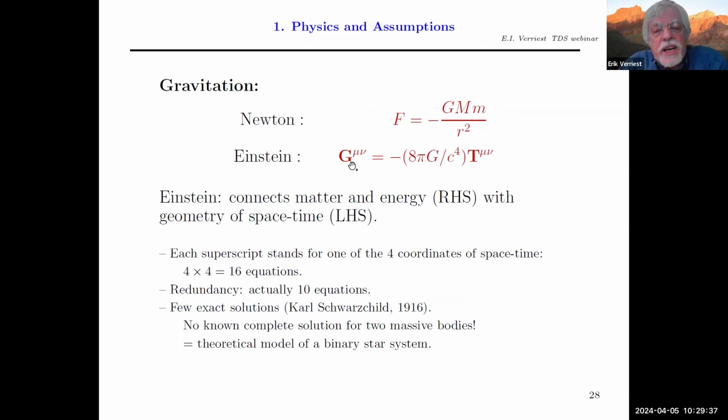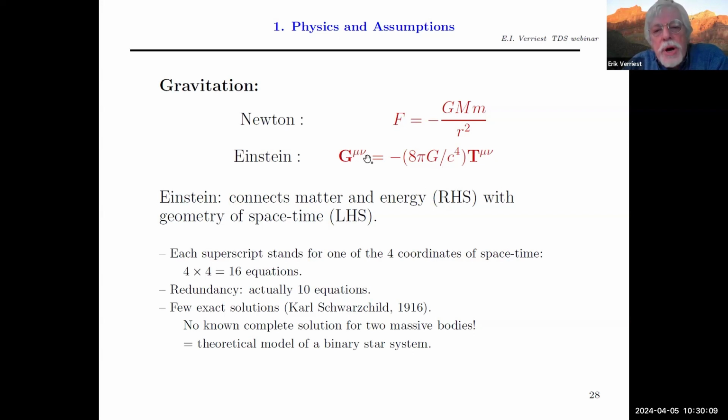G is the Einstein tensor. This basically models the curvature of space-time. It's the Ricci curvature and scalar curvature together in one tensor. And T is the stress-energy-momentum tensor. And this quantity in brackets here is called Einstein's gravitational constant. So Einstein connects matter and energy, that's the right-hand side, with the geometry of space-time.